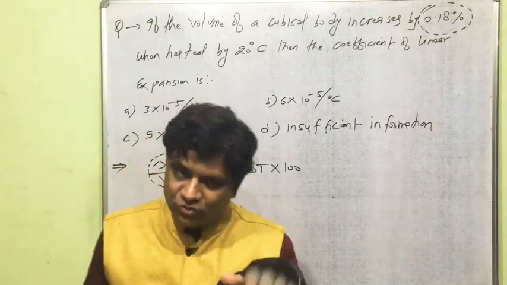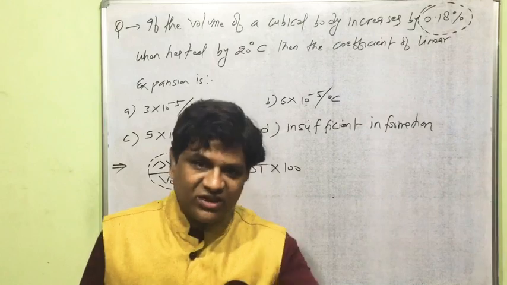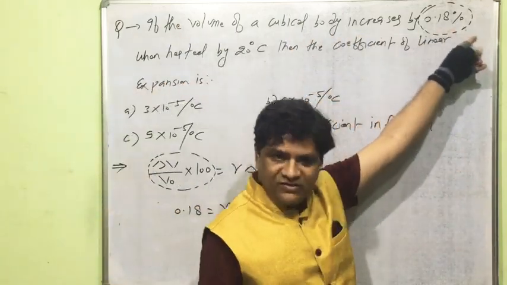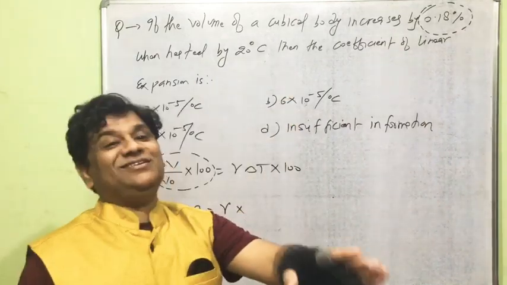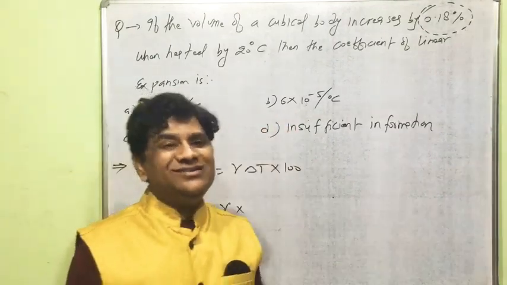Gamma is the unknown value, into delta T. Delta T is the change in temperature. Is it given or not? Again we can check from the question. If the volume of a cubical body increases by 0.18% when heated by 20 degrees Celsius.